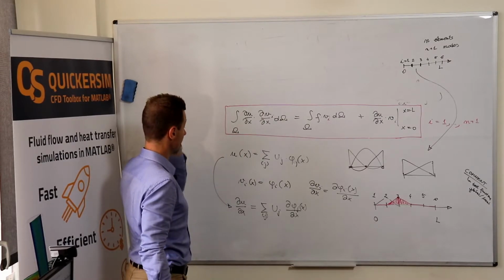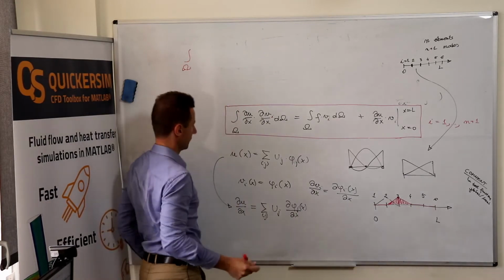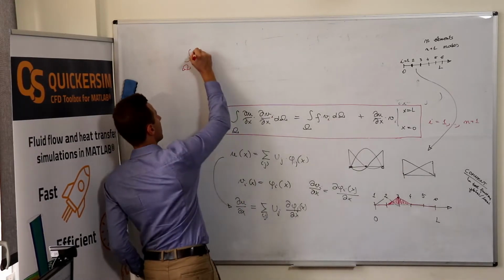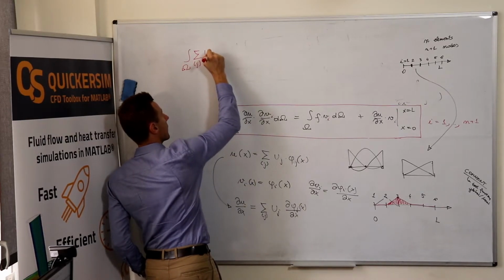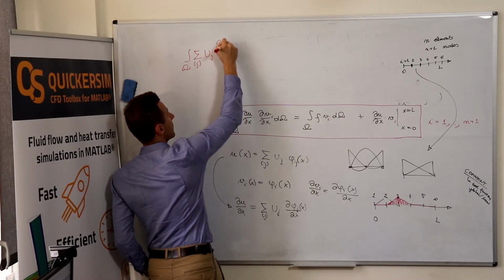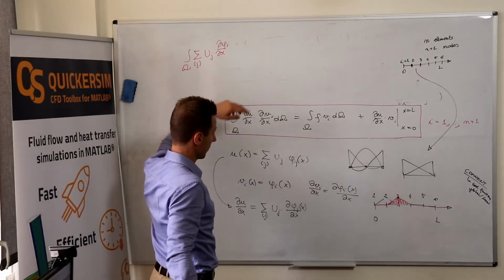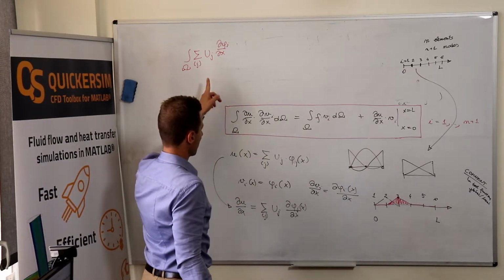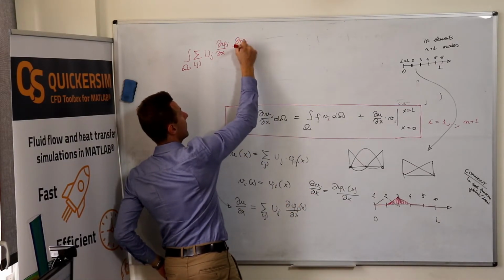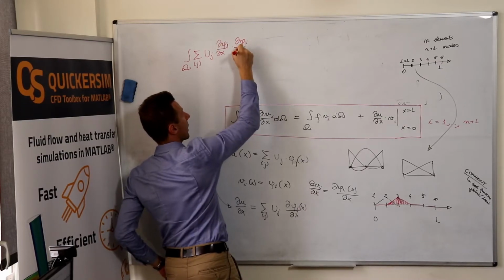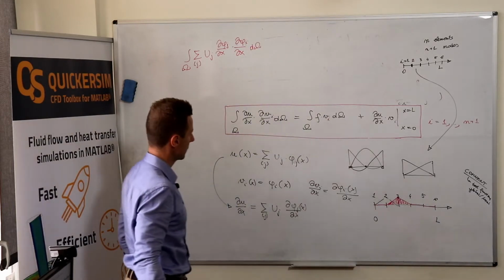Good, so we've got the integral over omega of the sum over j of uj d phi j dx, times d phi I dx, where I skip the argument, and let me write the integration element d omega.